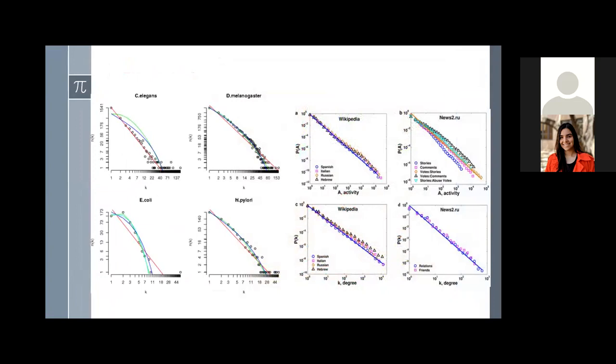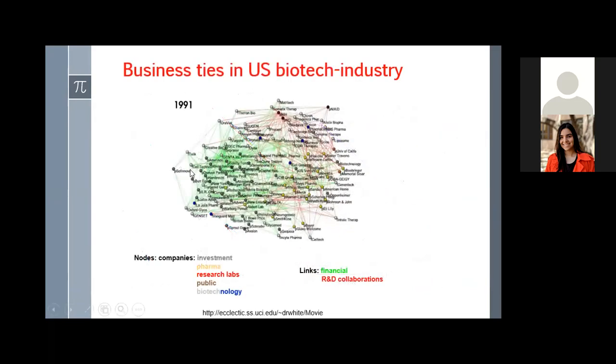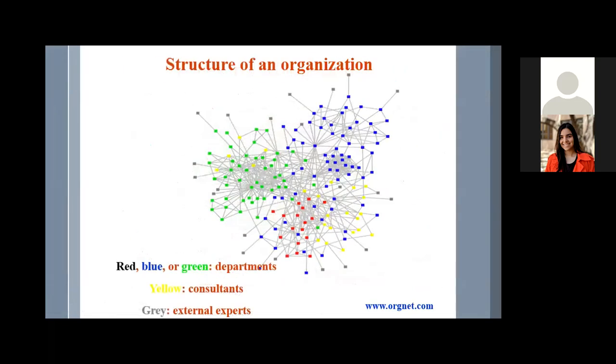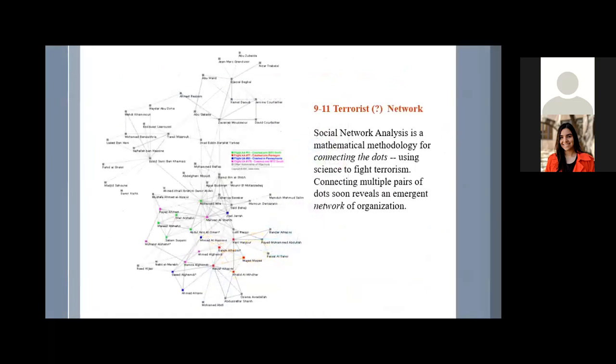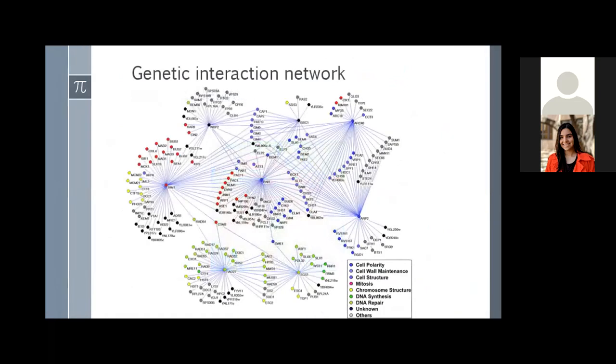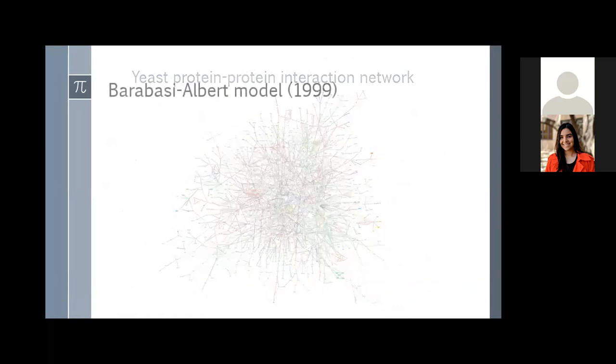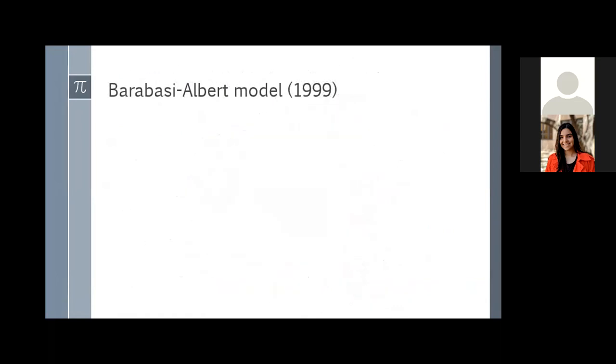Internet, some proteomes in different bacteria, melanogaster, elegans worm, Wikipedia, and so on, business ties in the United States, branches of United States industry and technology, structure of organizations, friendship networks, collaboration networks, terrorist networks, airlines, genetic interaction networks, and so on and so on.